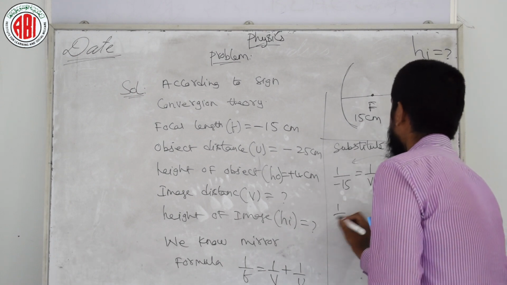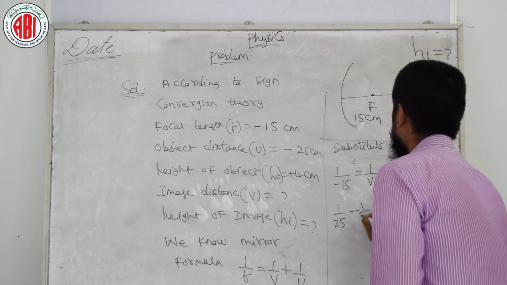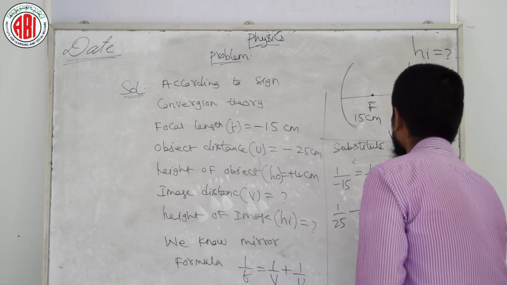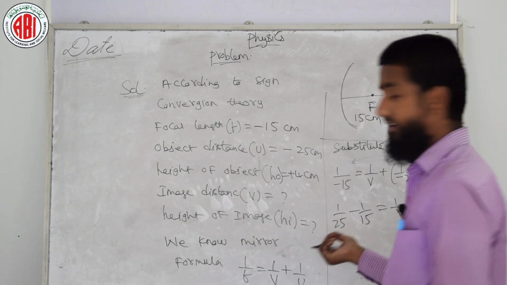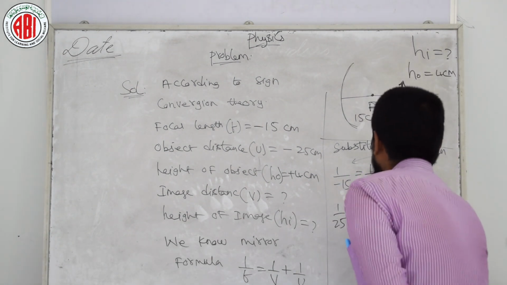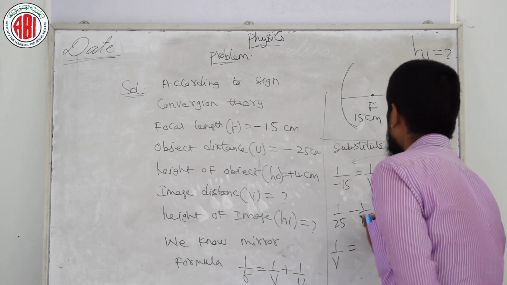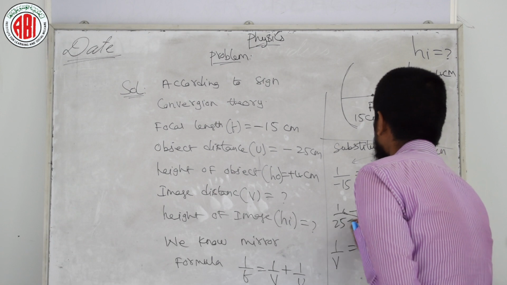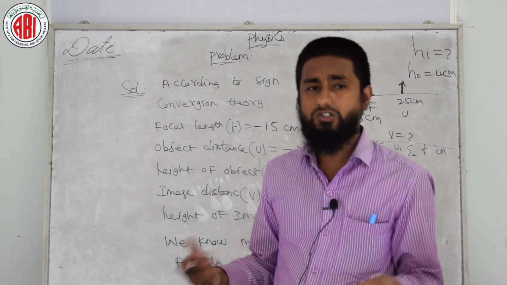So this becomes plus 1 by 25 minus 1 by 15 is equal to 1 by V. I am solving this, you can see. I am writing 1 by V this side. Then I am cross multiplying. You have more than one method to solve this.